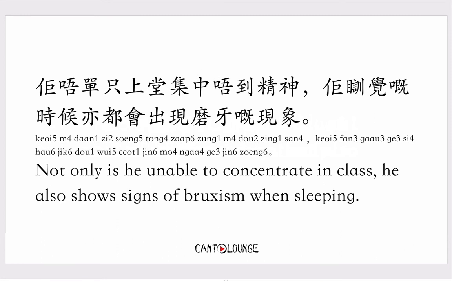So 集中到精神 is to be able to concentrate. So 唔到 would be to not be able to concentrate, right? 佢瞓覺嘅時候 so when he sleeps, 亦都會 there's also the case where 出現磨牙嘅現象. So 出現 means appear or to occur.